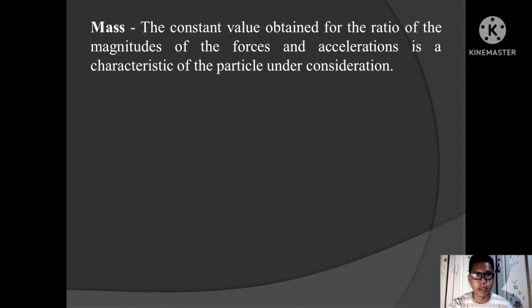So the next one is the mass. The mass is the constant value obtained for the ratio of the magnitudes of the forces and acceleration, a characteristic of the particle under consideration. As we all know, mass is a quantitative measure of the inertia, a fundamental property of all matter.